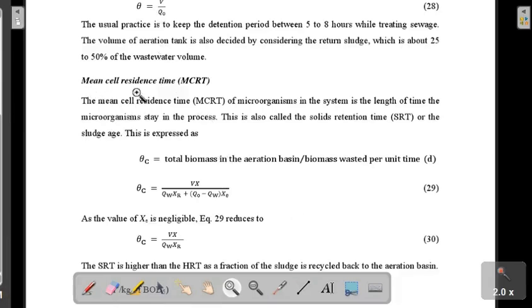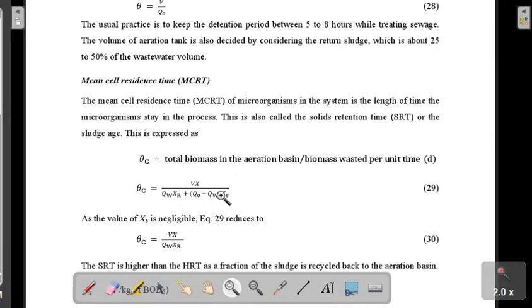If you want to calculate the mean cell residence time, MCRT, we have this equation. We can write the mean cell residence time as V into X divided by (Qw XR plus Qw0 minus Qw into Xc).